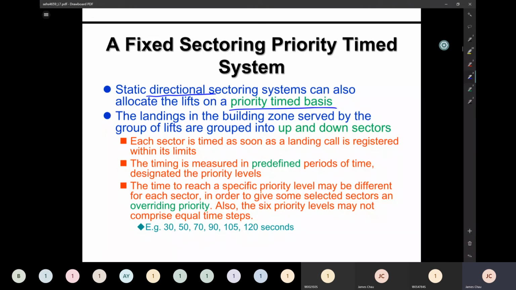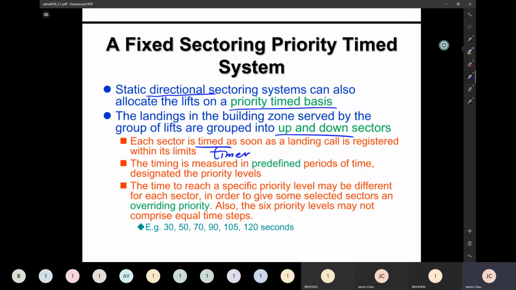And the landings in the building zone are served by the up and down sectors that we have just told you, and each sector is timed. That means we use a timer to count the number of seconds the passenger waits after the call is registered.